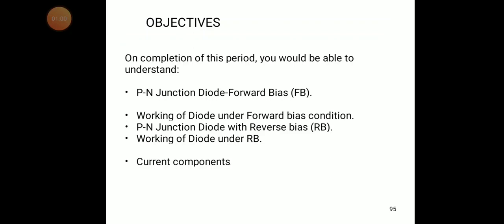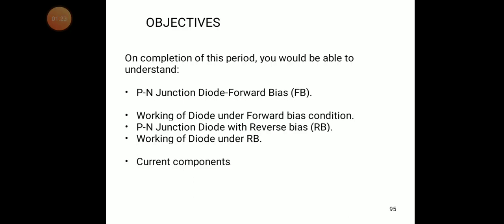Next we are going to discuss the working of the diode under the forward bias condition. So the meaning is, what is PN junction diode forward bias and how the PN junction diode works under the forward bias condition.